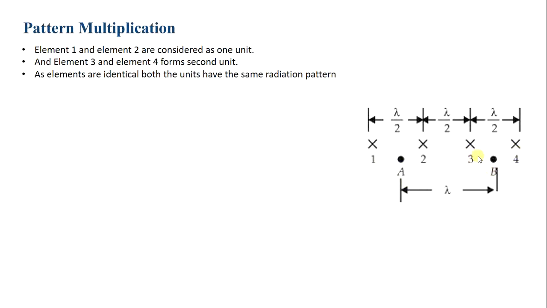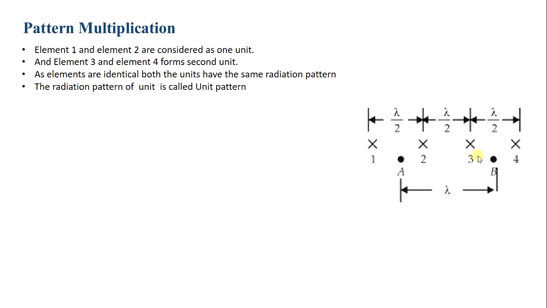As the elements are identical, the units have the same radiation pattern. That is, the unit of elements 1 and 2 will have the same radiation pattern as elements 3 and 4.